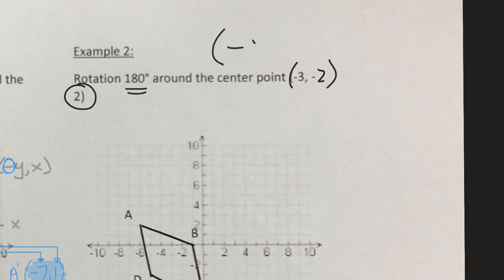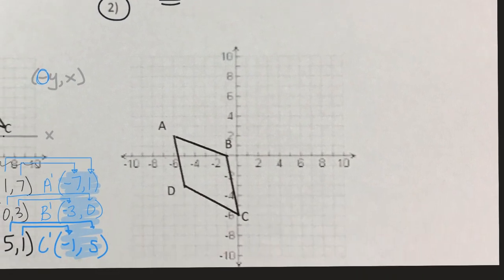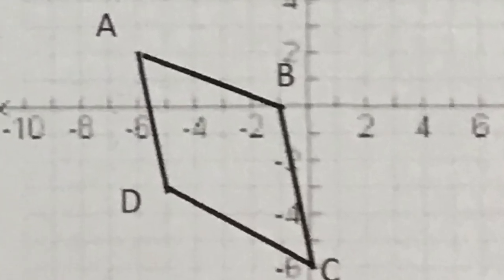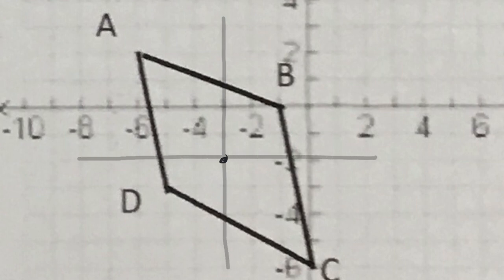In a 180 rotation, you just make the x and the y values the negative of whatever they happen to begin with. So this is our rule for a 180 rotation around the origin. Our new origin is (-3, -2). There is your origin point. Here are your new axes, and we're going to treat these points as if they were originally with this axis.